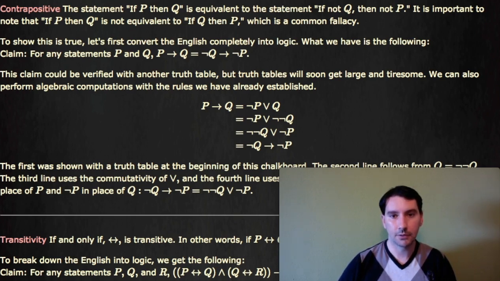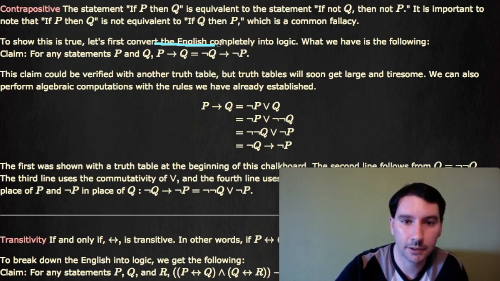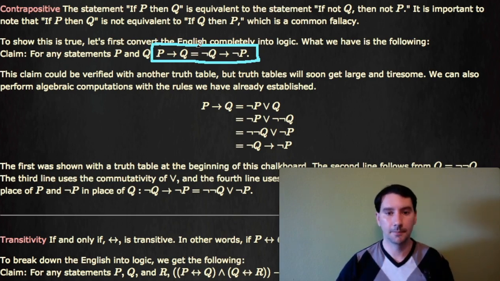So if P then Q is equivalent to this statement, if not Q, then not P. And it's not the case that if P then Q is equivalent to if Q then P. You can't swap the order of Q and P. We talked about that above because implies is not commutative. But what we are claiming in logic is P implies Q is equal to not Q implies not P. So you can swap the order if you negate both statements.